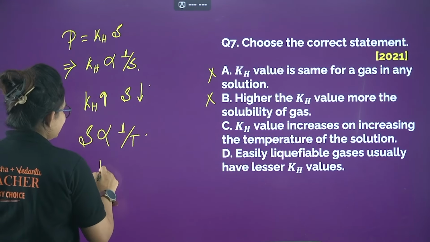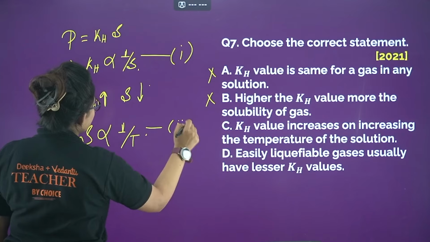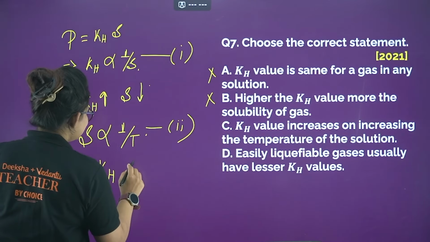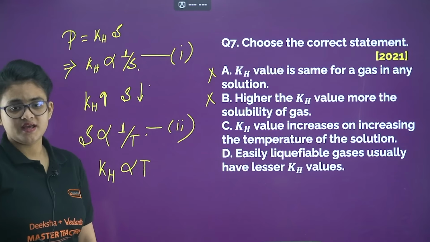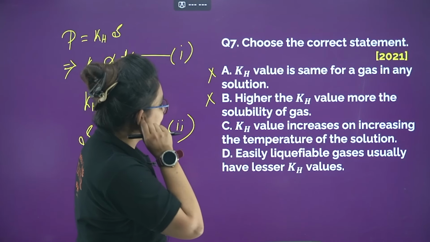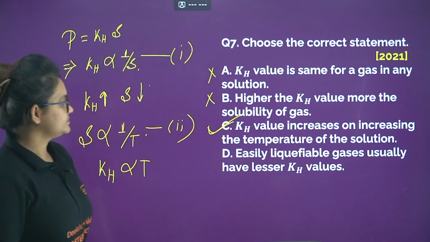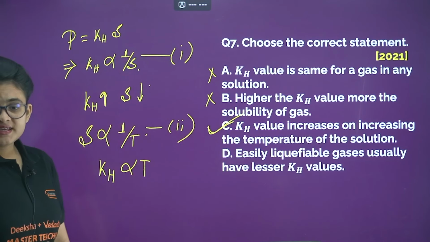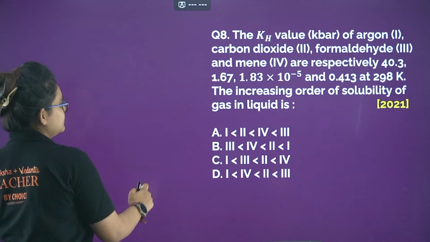Combining these two, KH is directly proportional to T. So the KH value increases on increasing the temperature; that's the correct one. I guess you understood this concept. Let's proceed to the next one.